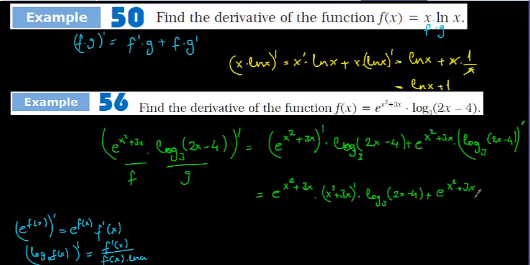So it's going to be the derivative of 2x minus 4, over 2x minus 4 times ln 3, where the base here is 3.